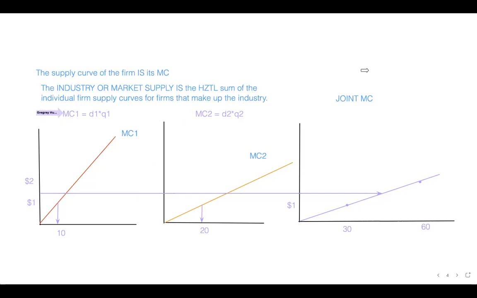So if I just, for example, and they always tell you when you're teaching, never, ever, ever write anything on the board that is wrong. So I'm not going to do that right now, but I'm just going to tell you that if I add these blindly together, the left and the right sides together, then I'll get MC1 plus MC2 is equal to D1 times Q1 plus D2 times Q2.